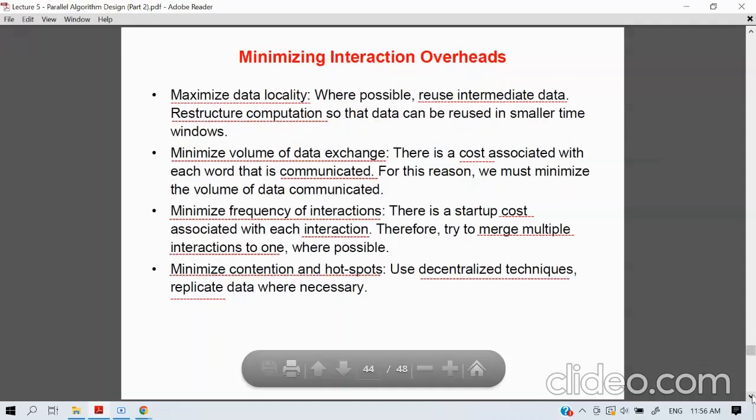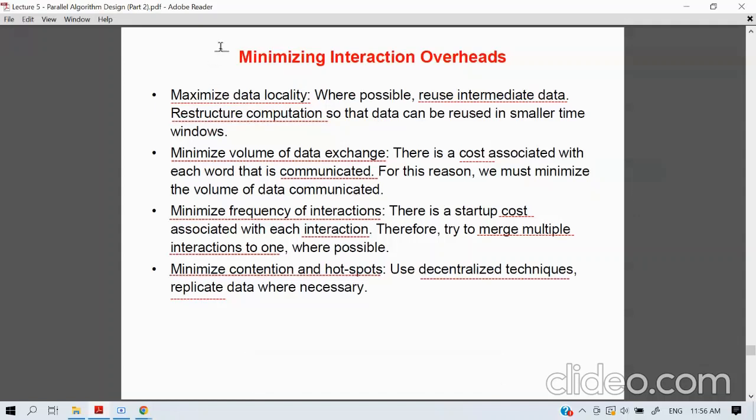Now we move on to minimizing the interaction overhead. In the earlier slides, we discussed load imbalance and idling, right? It deals with the interaction actually. So how do we minimize the interaction between the processes? The first one is to maximize the data locality.